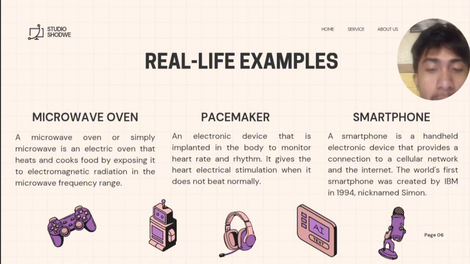Example number 2, pacemaker. This is a medical device. Input: sensors detect the heartbeat rhythm. Processing: the software checks if the heart rate is too slow or irregular. It compares the signal with the correct rhythm stored in memory.